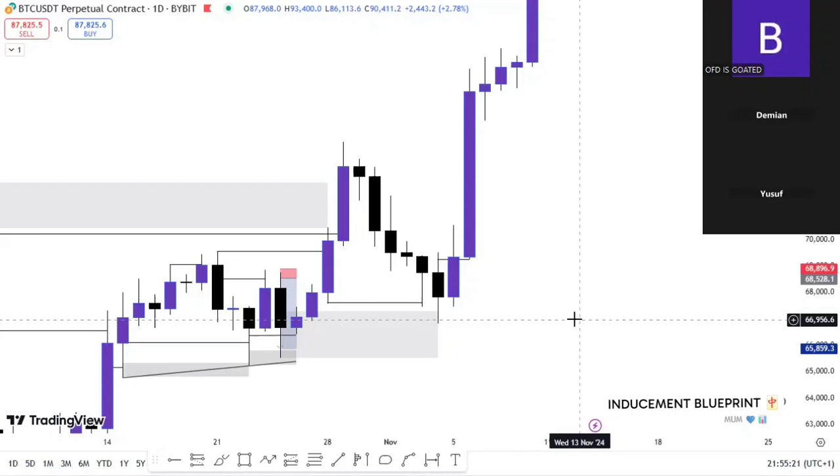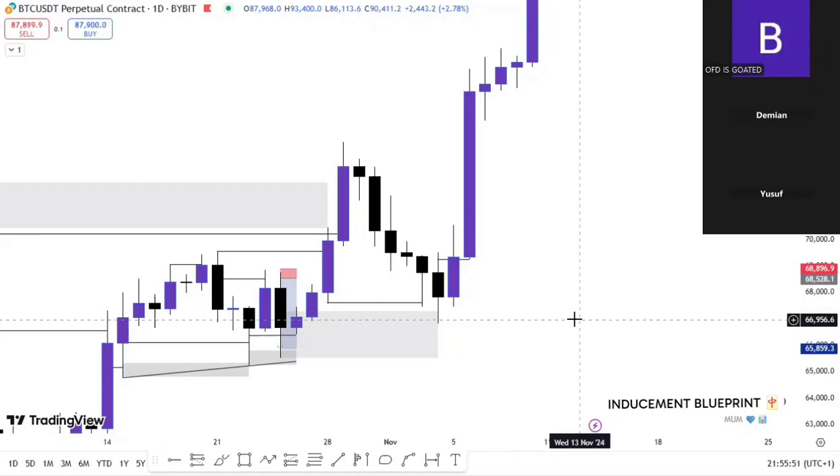But if price taps on your supply zone and then gives a good break of structure to the downside, that means price wants to really respect that zone. In that case, you can start looking for a sell model. But most times it's good to stay out of markets like that, because markets still tend to obey the trend.